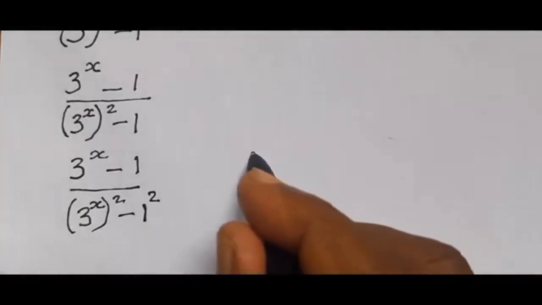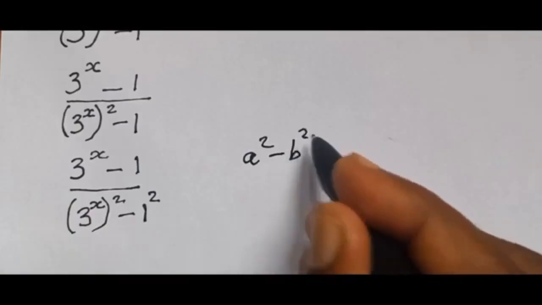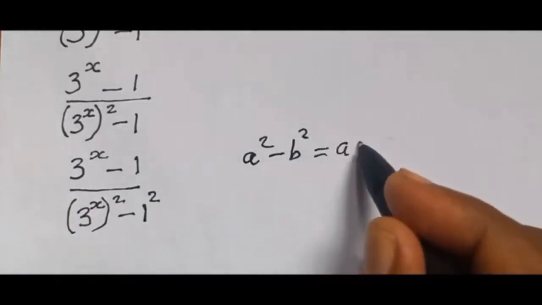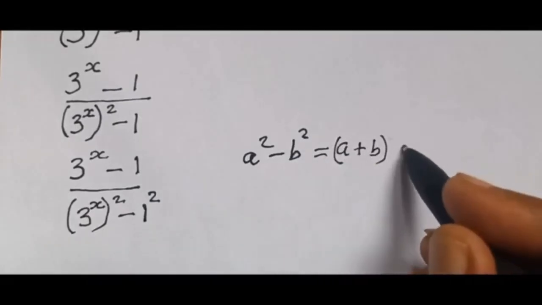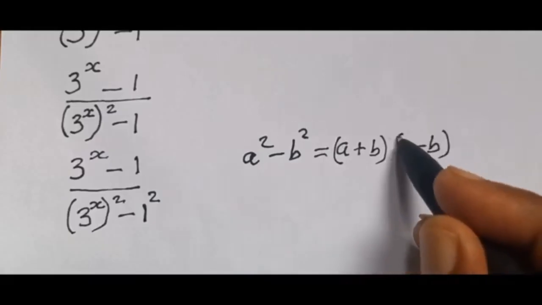So let us factorize it in the form of difference of 2 squares. That is, we know a squared minus b squared is factorized as a plus b in the bracket, a minus b in the bracket.